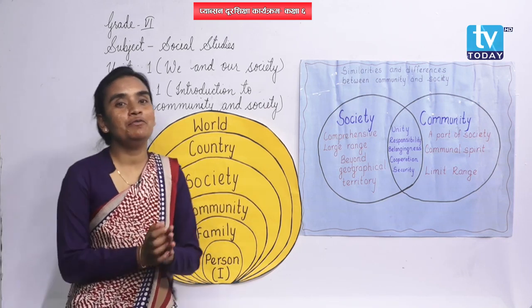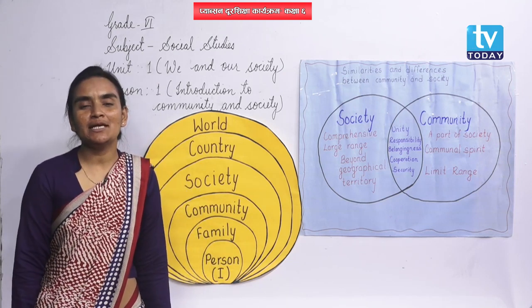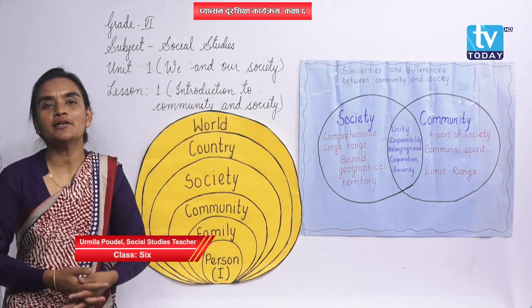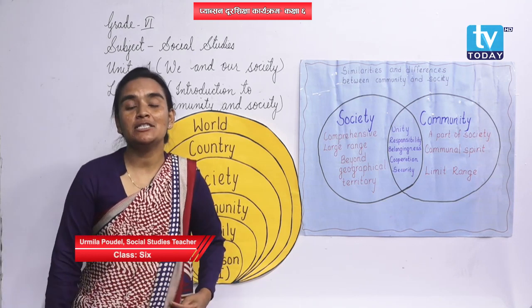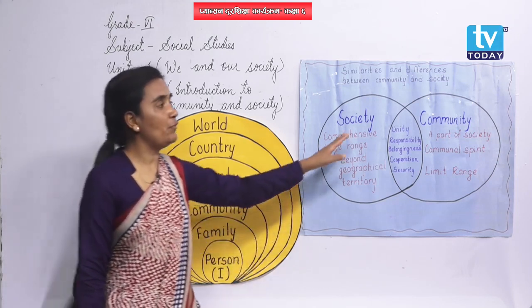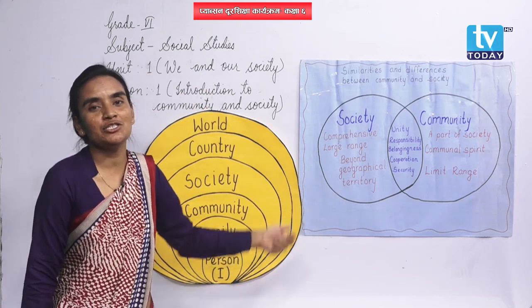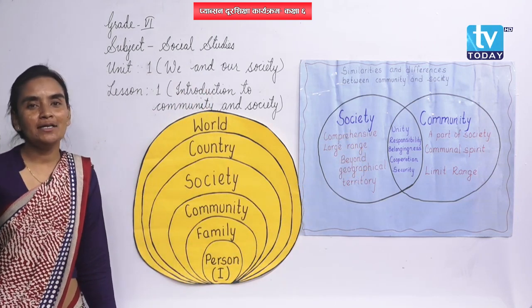The next one, we went for the importance of community and society. Why are we here, and what are the things that we could get from community and society.